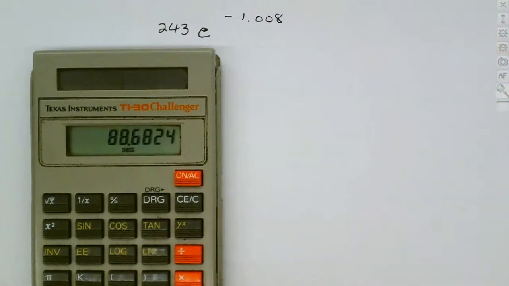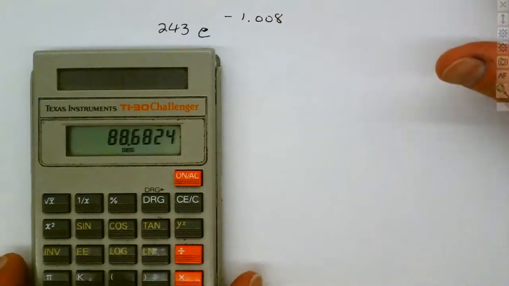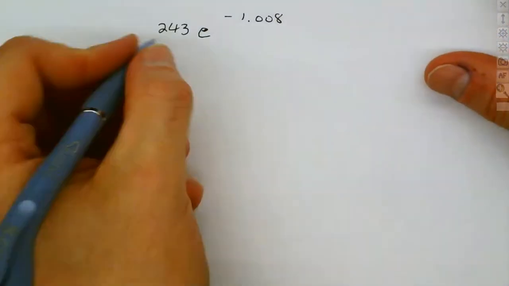Now, what do they want? They want it to the nearest milligram. Okay. Now, how many places is milligram going to be? Well, milligram is going to be 2 places, right? Because you've got tenths of a gram, and then we've got milligram after that. So, what would that be if I rounded? It looks like it's going to be 88.68.